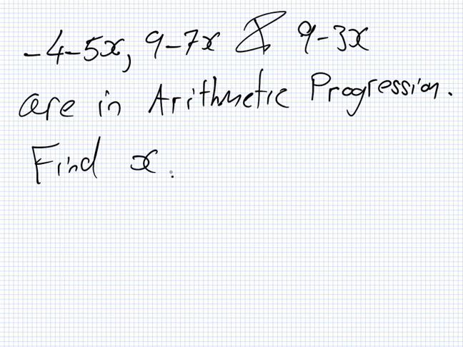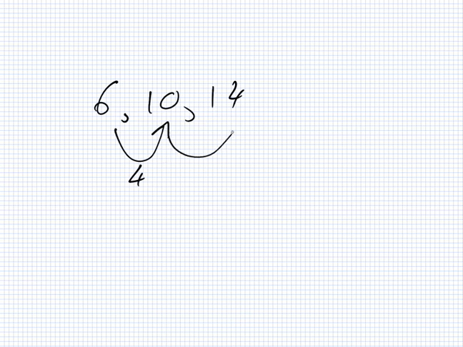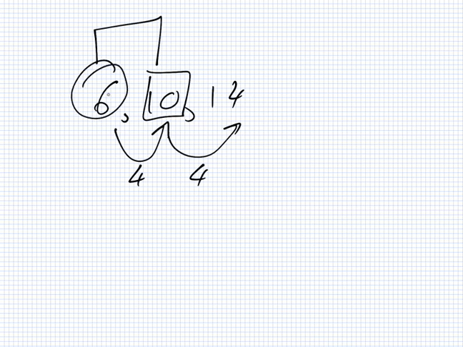So minus 4 minus 5x, 9 minus 7x, and 9 minus 3x are in arithmetic progression. Find x. You okay, Amanda? You got this? Yep. So, if I say something is arithmetic, what does that mean? That the difference here is 4 and the difference here is also 4. So if I do 10 minus 6, what do I get? 4.